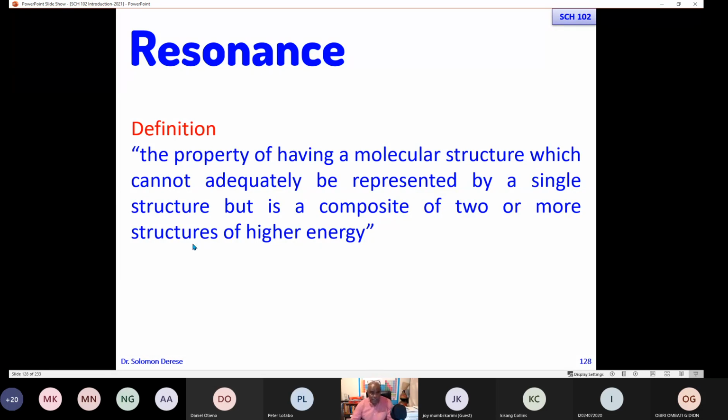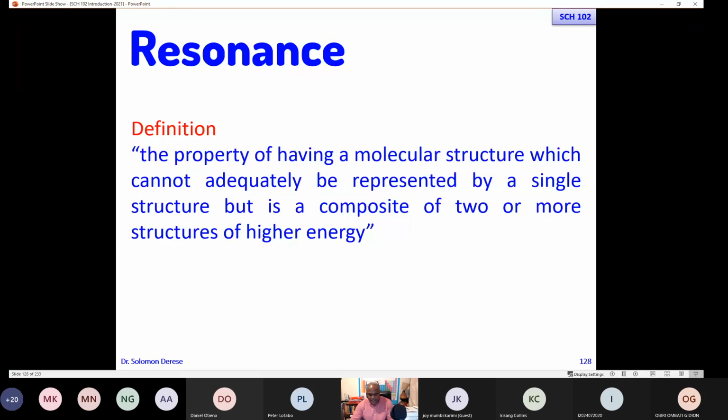The way we have seen for the acetate ion, we cannot represent it by a single structure adequately. We have 2 structures, at least, and then the true structure is a composite of them.